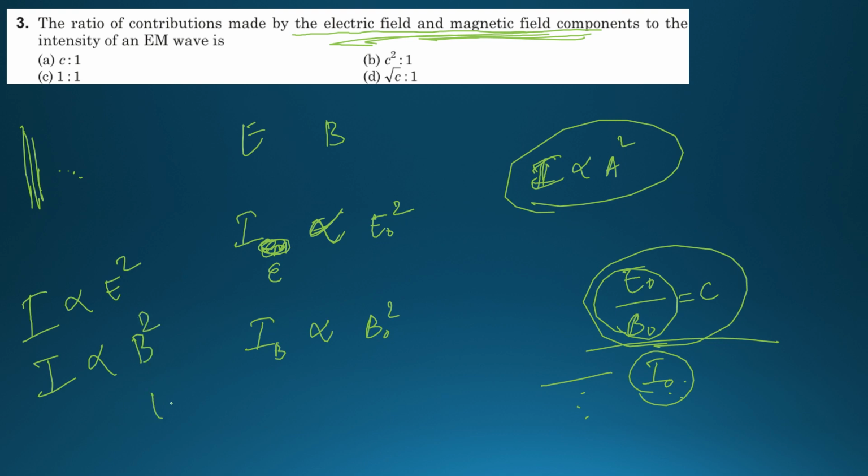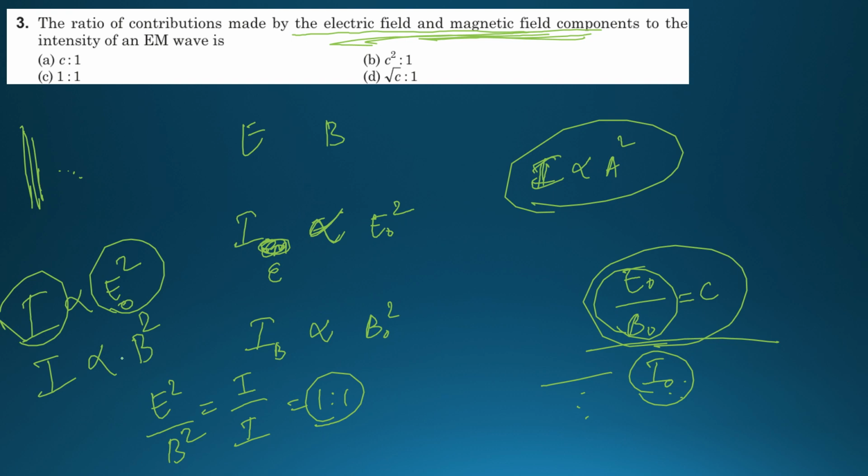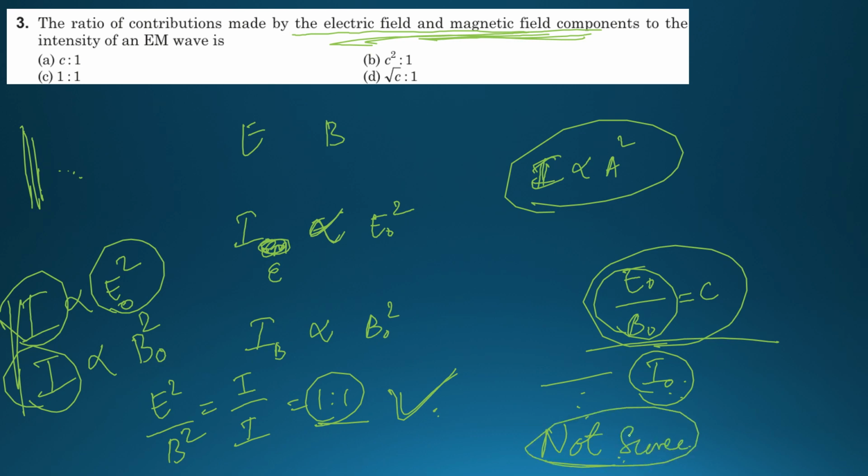So if I take the ratio E square by B square, it is I by I, that is 1. Maybe this way, I think. Because the intensity is directly proportional to the amplitude of the electric field squared and of the magnetic field squared, if I take the ratio it's the same thing, I by I, that is 1:1. I'm not sure about this. Maybe. Next question.